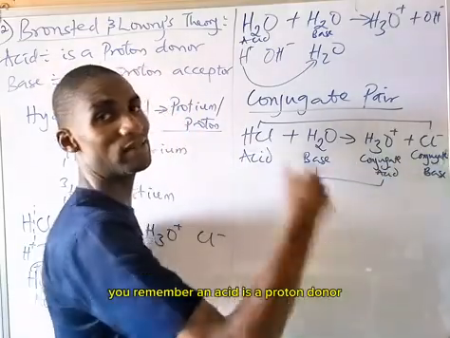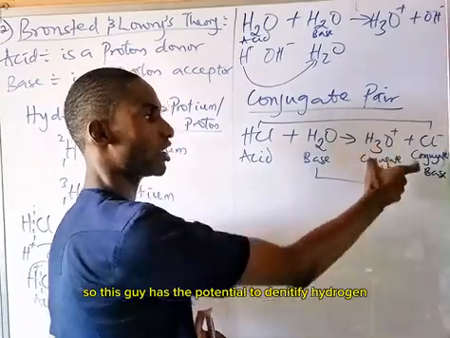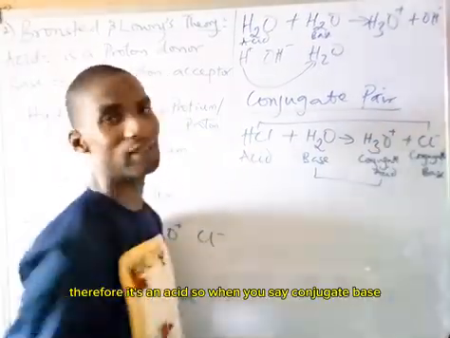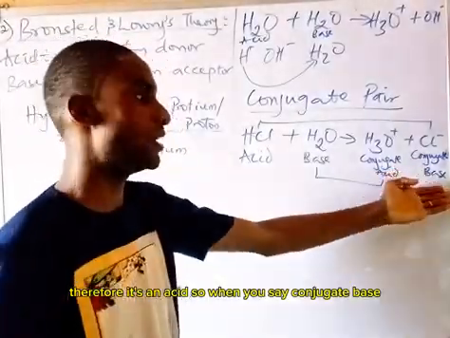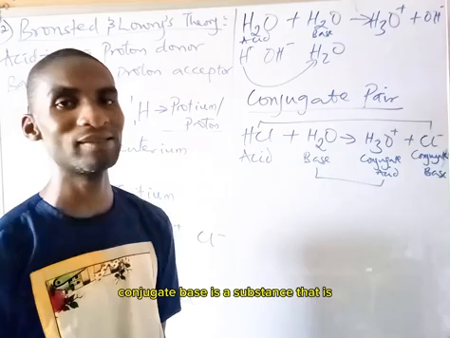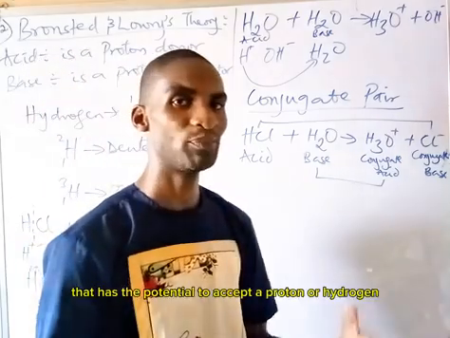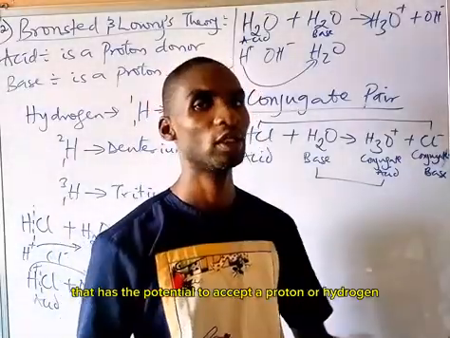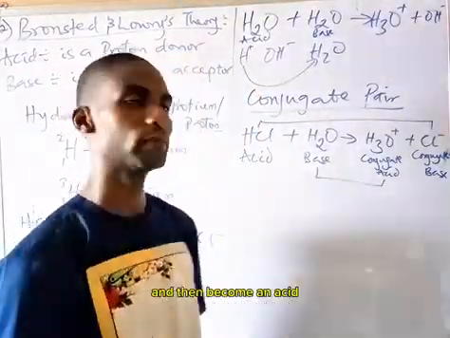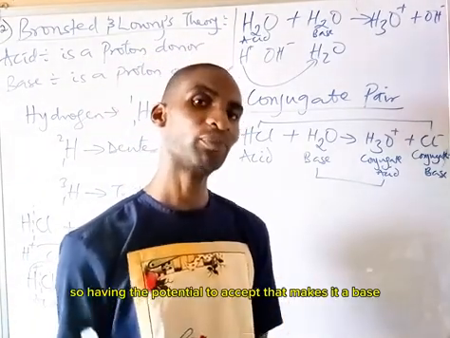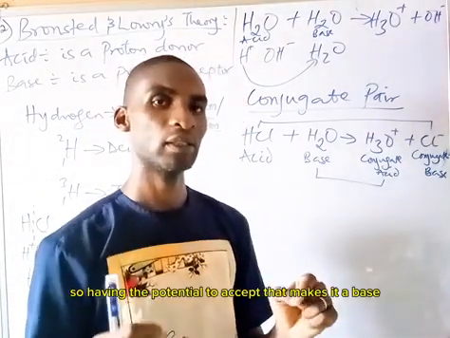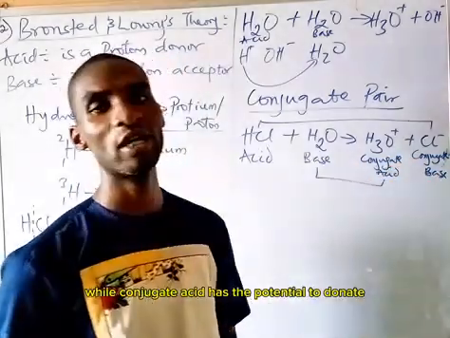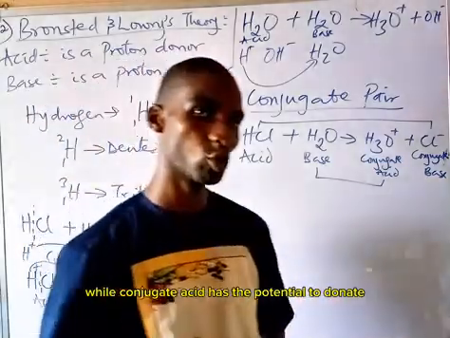You remember an acid is a proton donor, so this guy has the potential to donate hydrogen, therefore it's an acid. So when you say conjugate base, it is a substance that has the potential to accept a proton or hydrogen and then become an acid. Having the potential to accept makes it a base. So that's a conjugate base, while conjugate acid has the potential to donate proton.